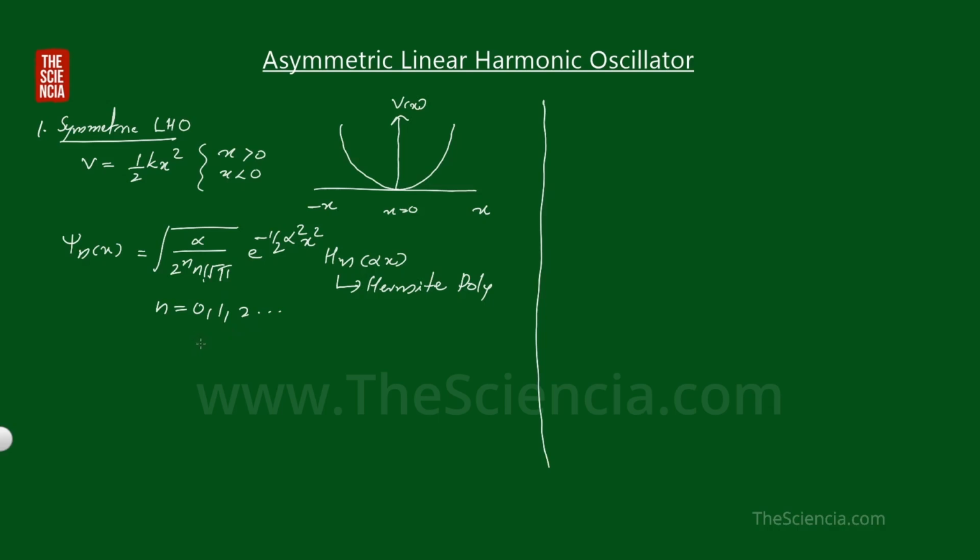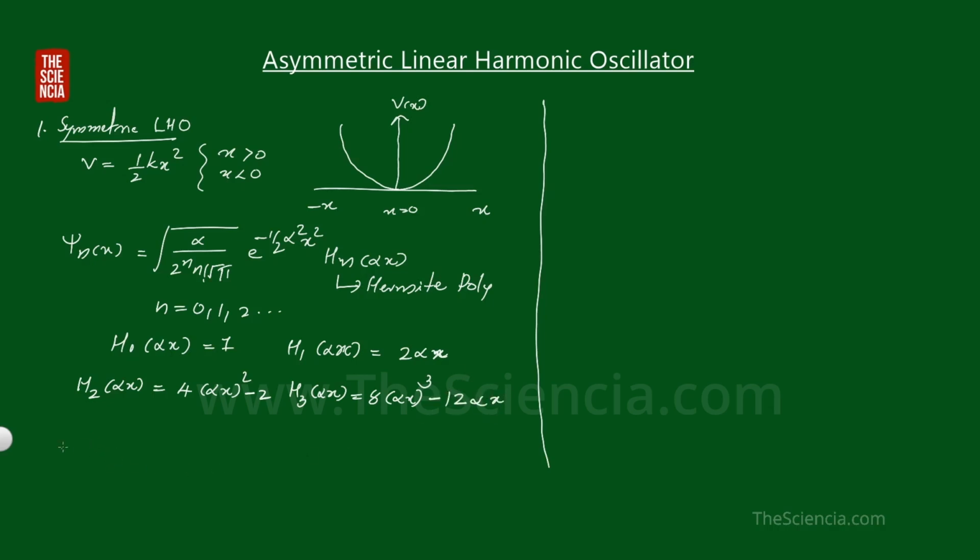The corresponding Hermite polynomials are H0 of alpha x equal to 1, H1 of alpha x equal to 2 alpha x, H2 of alpha x equal to 4 into alpha x all square minus 2, and H3 of alpha x equal to 8 into alpha x all cube minus 12 alpha x.